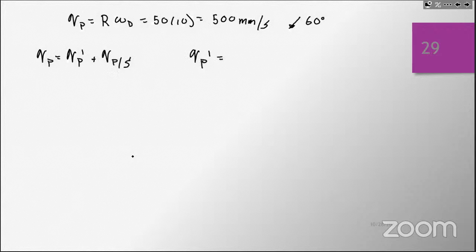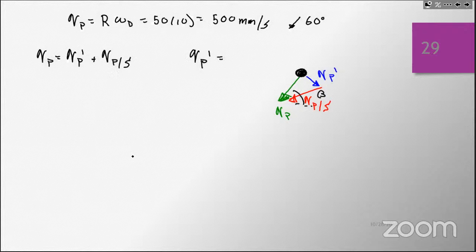So let's look at this. Here's point P. We know that this has some velocity, that's VP. VP prime will be here, and VP with respect to S is here. From this, I know this angle has to be beta.